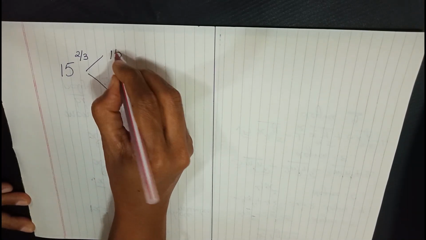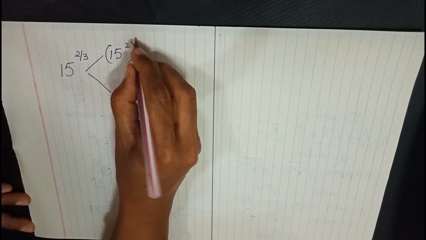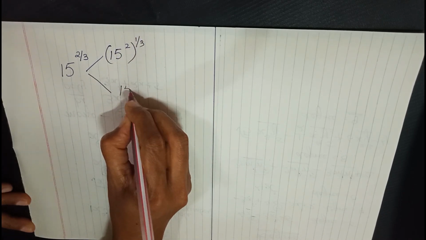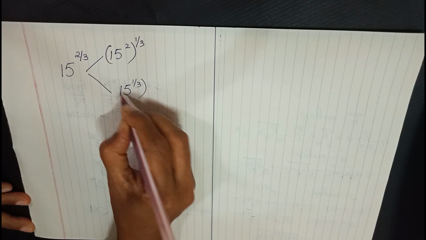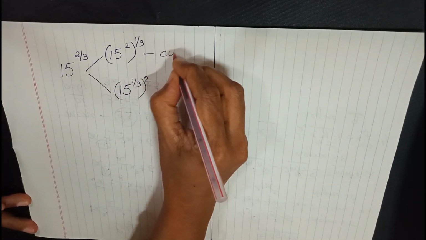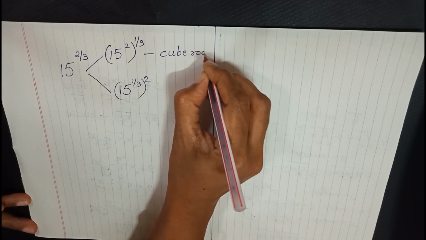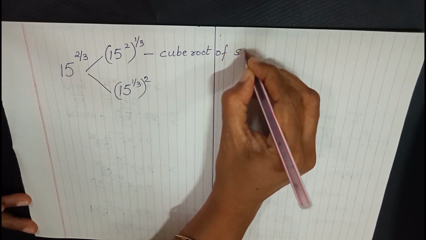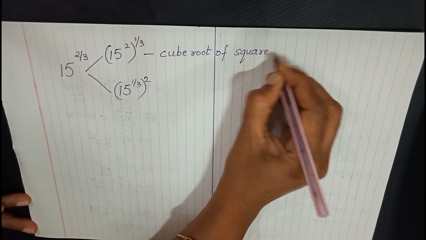So just let's very quickly take some examples. For example, I have 15 raised to 2 upon 3. Now you know I can write it in two different forms. 15 square 1 upon 3, or I can write it as 15 1 upon 3 2. So how do I write this? I write this as cube root of square of 15.